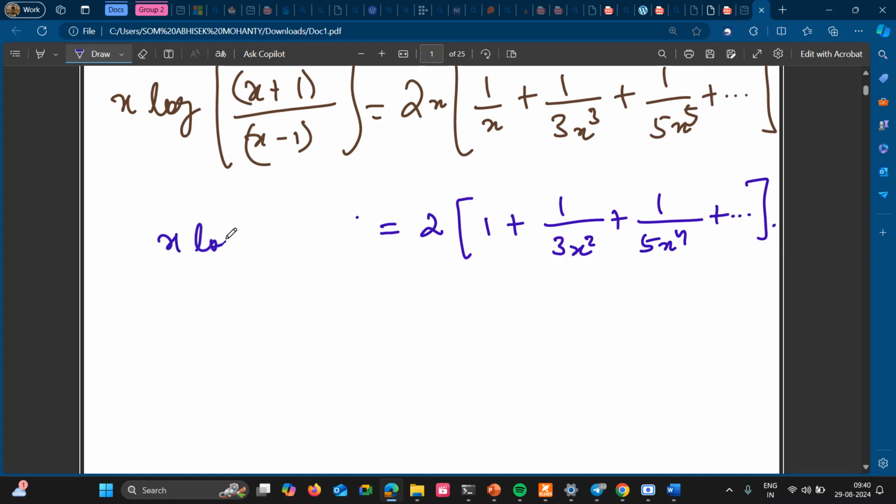This is x log((x plus 1) divided by (x minus 1)).